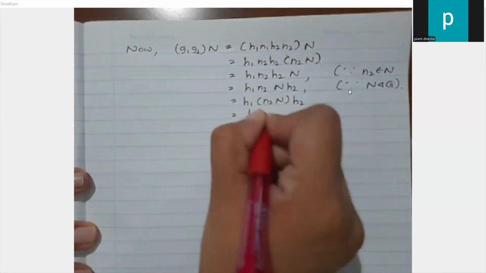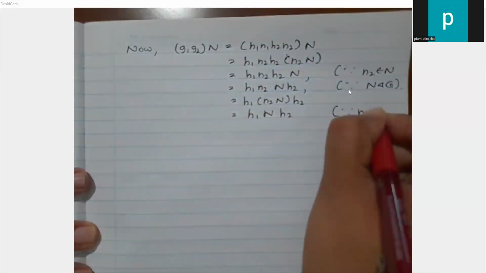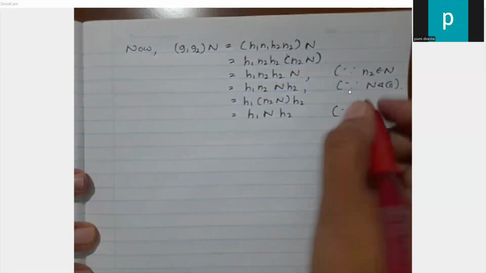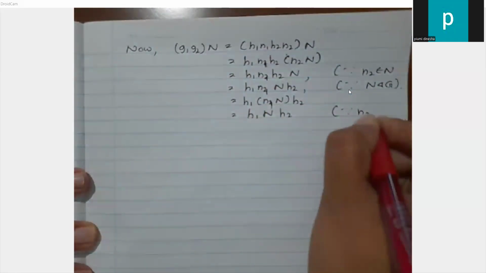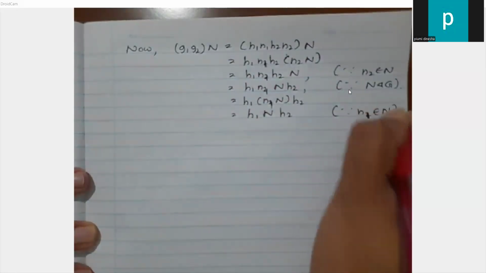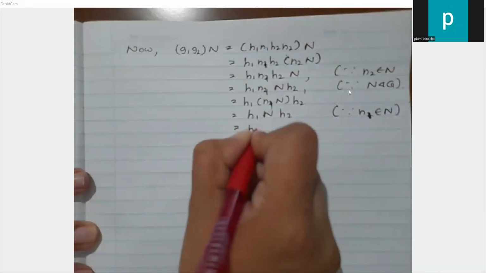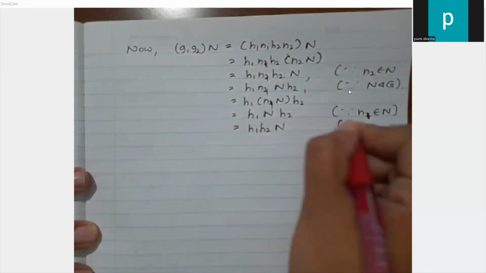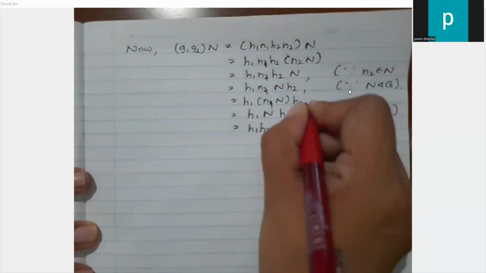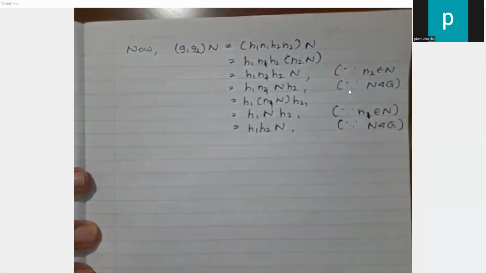This is simply equal to N. Why is that? Because n1 over here is an element in N, right? Now, once again, what we do is, instead of Nh2, we will take h2N. This is also once again due to N being a normal subgroup in G, right?